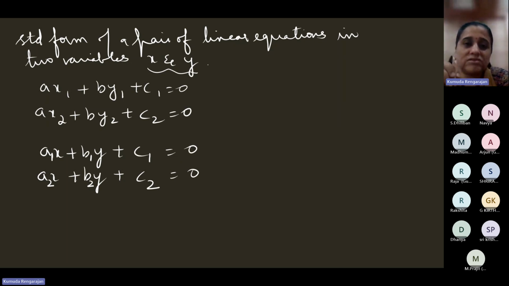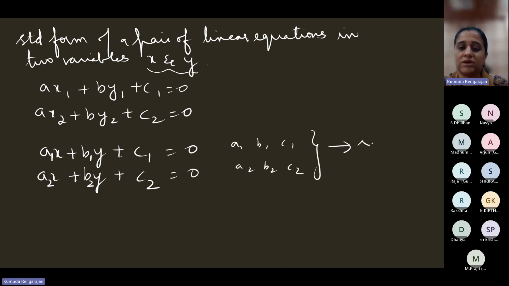This represents the standard form of a pair of linear equations in two variables x and y. So again, the conditions: a1, b1, c1, a2, b2, c2 can be any real numbers.